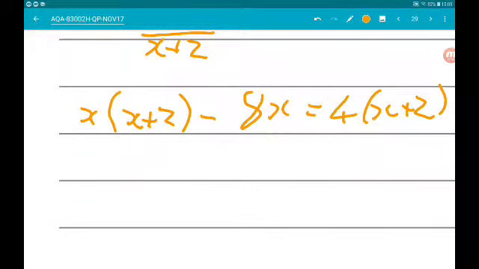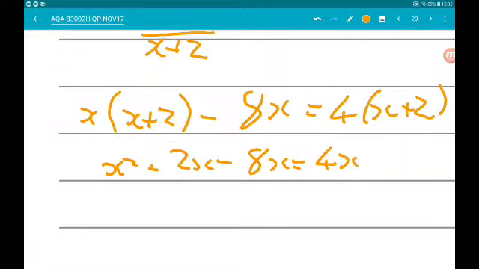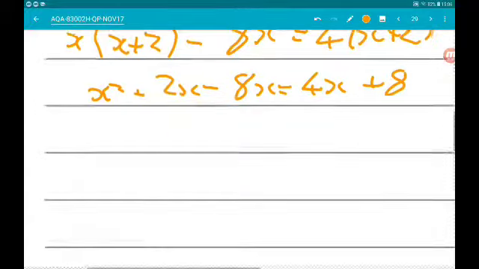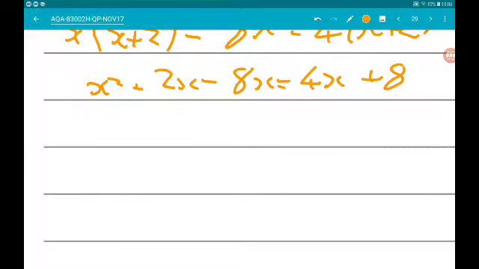So we're going to get x squared add 2x minus 8x is equal to 4x add 8. Now, it's quadratic, so as with any quadratic, we now need to get everything on the same side with a 0 on the other.